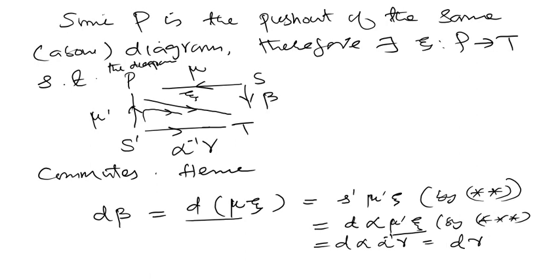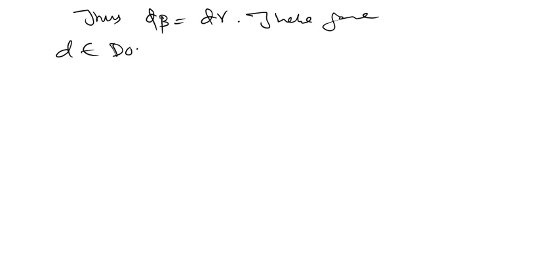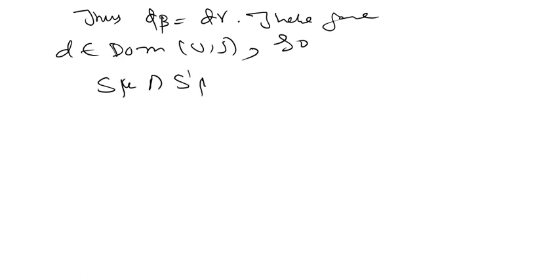So thus d beta is equal to d gamma, therefore d belongs to the dominion of S. So this S mu intersection S prime mu prime, let's apply mu inverse on this.